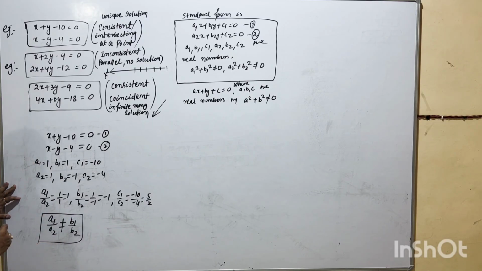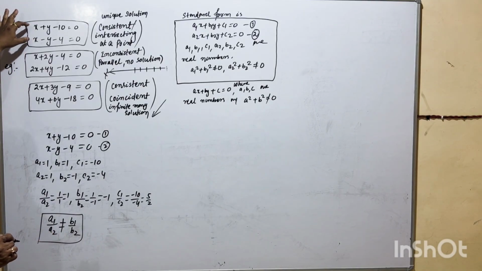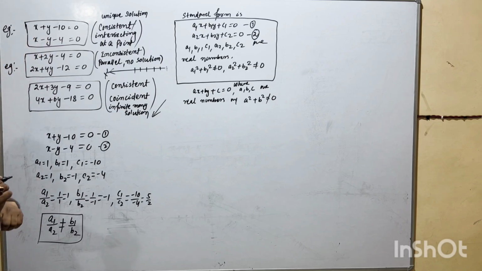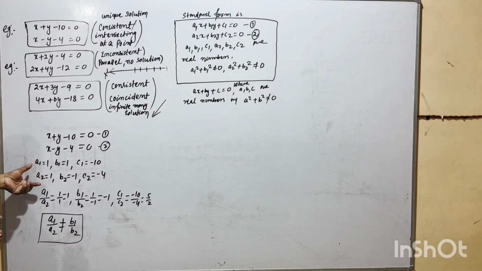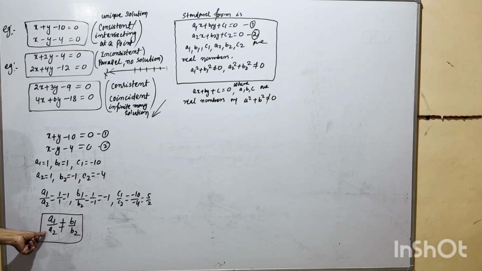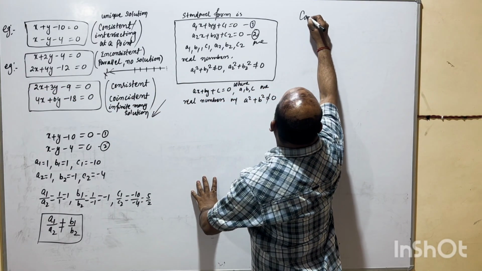In the graphical method we concluded that both the straight lines are intersecting at a point, and here by comparing their coefficients we conclude that a1 by a2 is not equal to b1 by b2. So what is the conclusion?